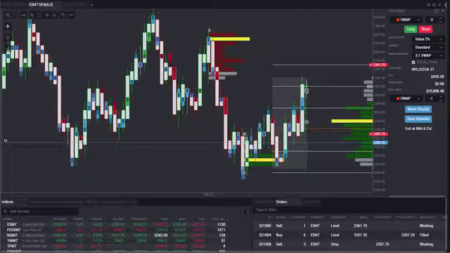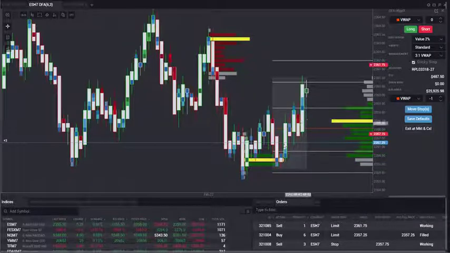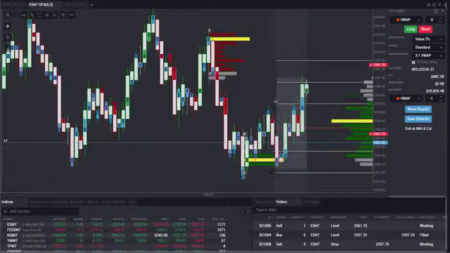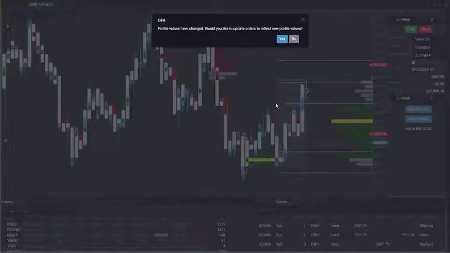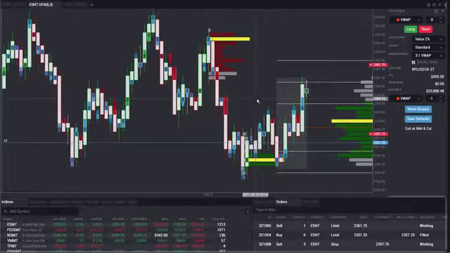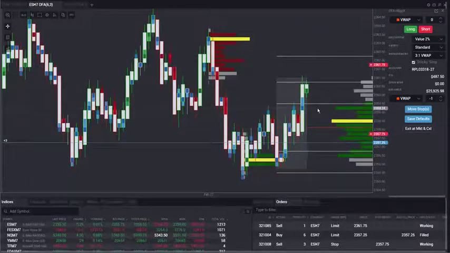So if this was a swing that we had gotten into off of a CWAP, we would be looking for the trade to be managed from the swing event. So if we want to grab the profile and move it over, we can do that and just allow it to update our orders.